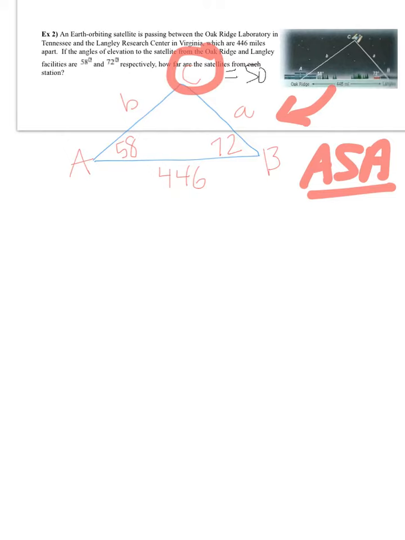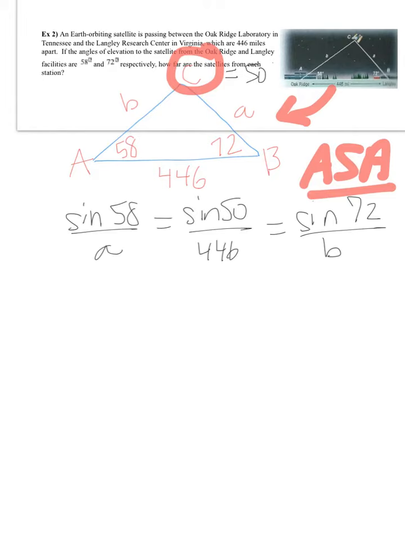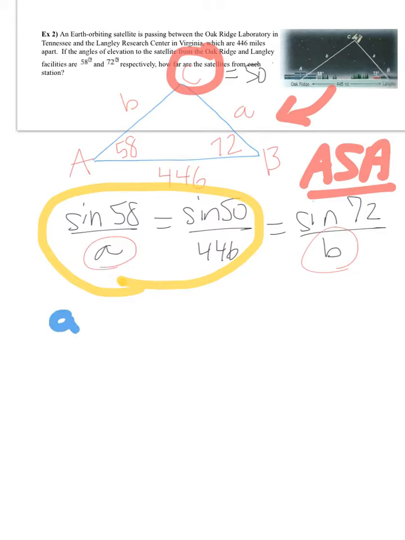So what we're going to do is set up those proportions using the law of sines. So we've set up our three proportions and we have two unknowns, A and B. So I'm going to set up a proportion solving for A. So A times sine of 50 has to equal 446 times sine of 58.